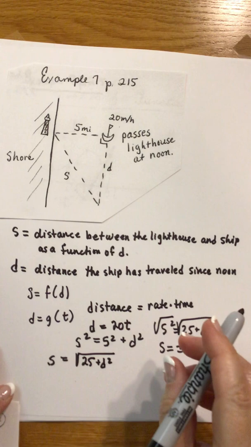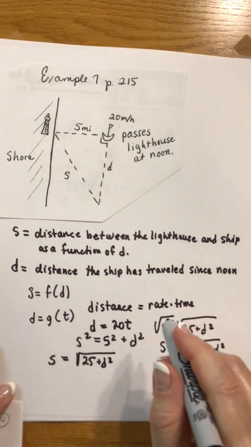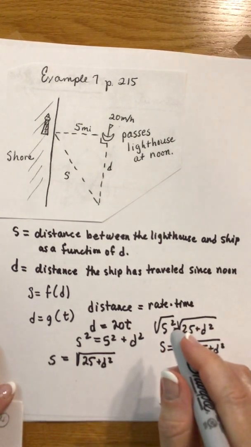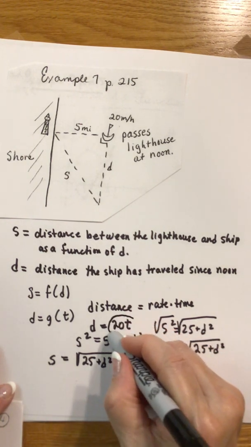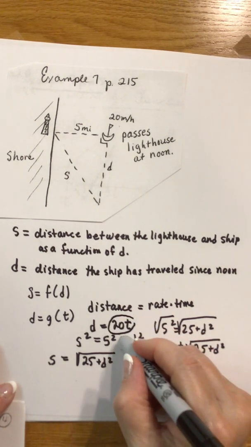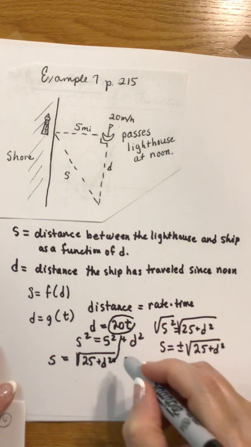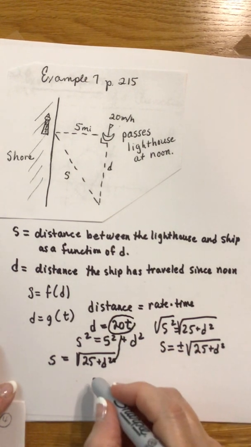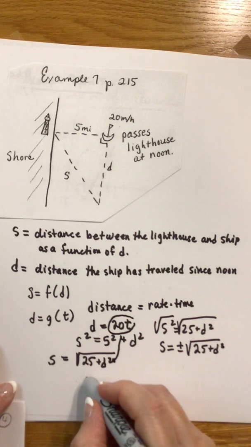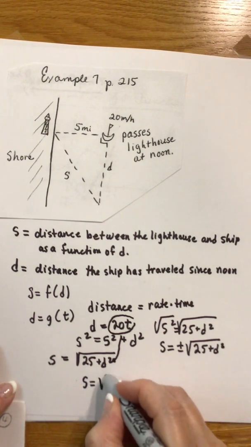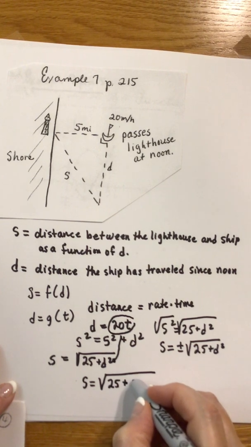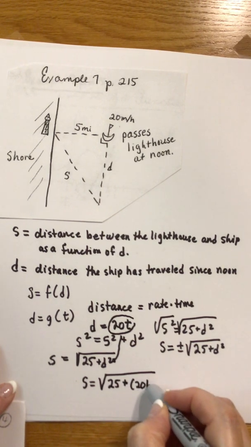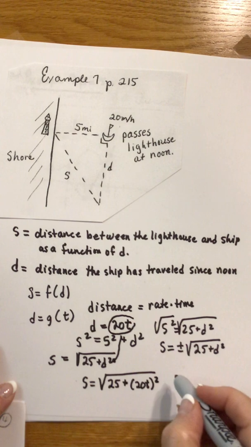But back here we said we wanted the distance to be a function of time. So we're placing in d equals 20t, and we're plugging that into the other function. So S now is going to become the square root of 25 plus (20t) squared.